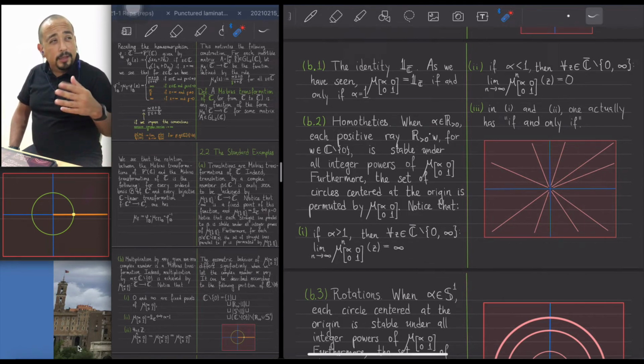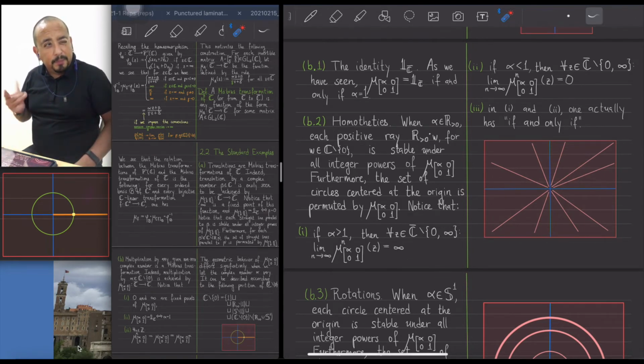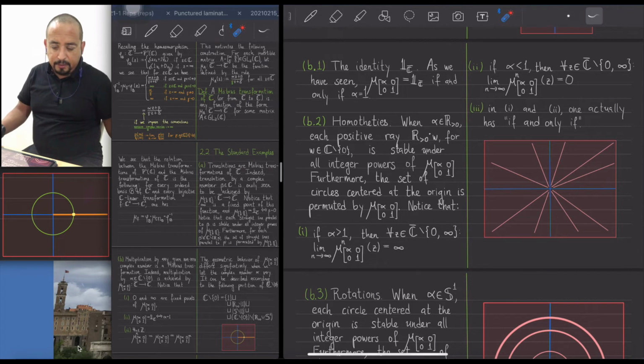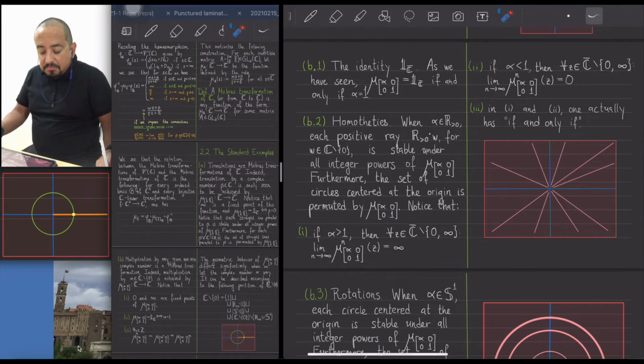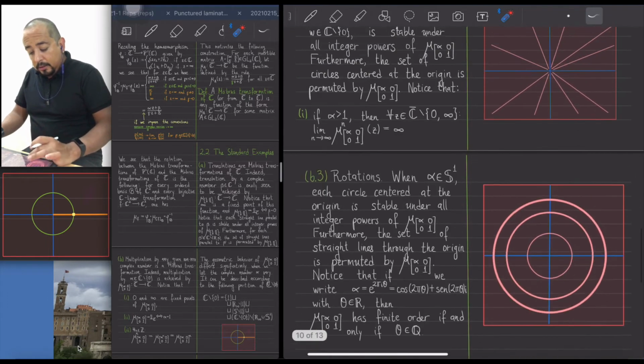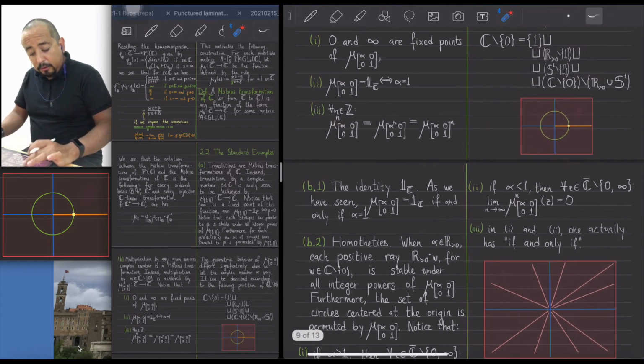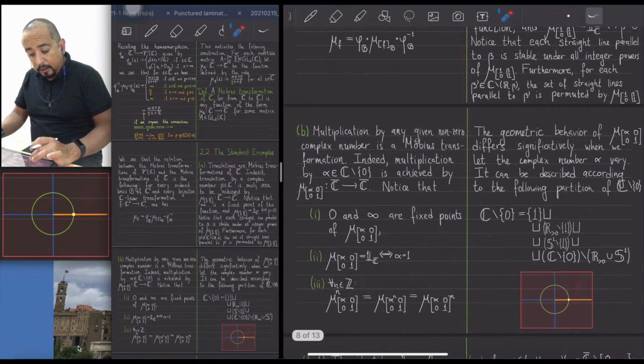By saying that, I am in particular saying that every member of one family is orthogonal to any member of the other family. No matter which one you take here, and which one you take in the other family, they are orthogonal. Just something to notice, something that we could also find in the case of translations.